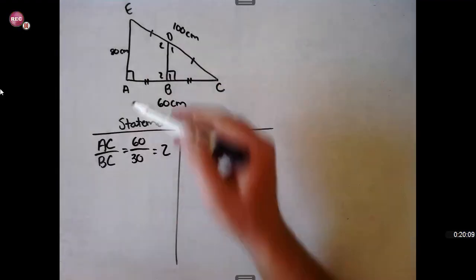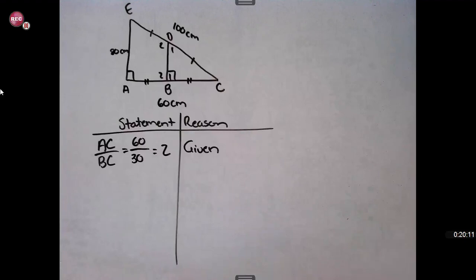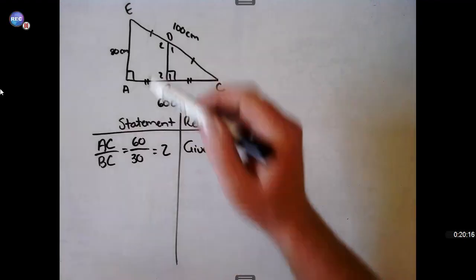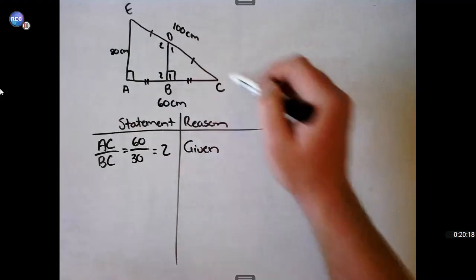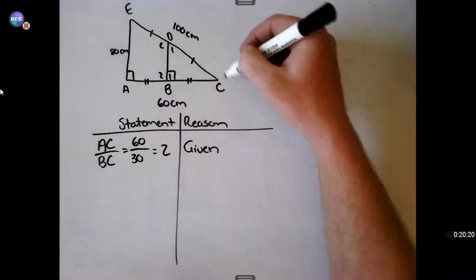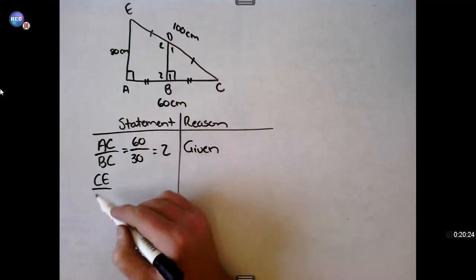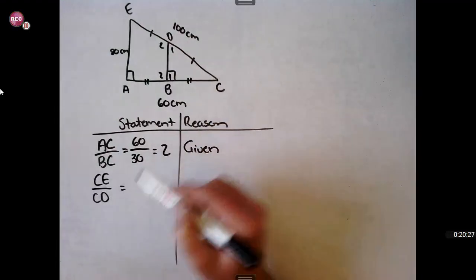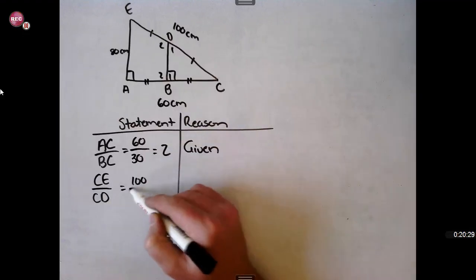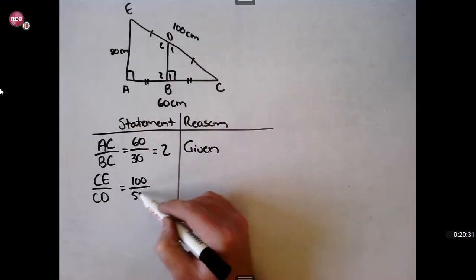Then, after that, we did sides AC and BC. We now move on to side CE, which is this long side over here, the hypotenuse, and DC. So CE divided by CD, and that would be 100, and again, divided by 2, it will give you 50.